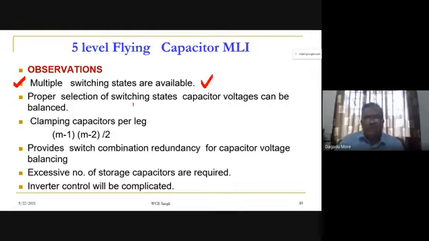Here, with a proper selection of switching state, the capacitor voltage can be balanced. That is the advantage of this particular configuration.